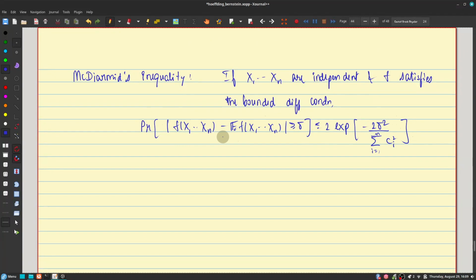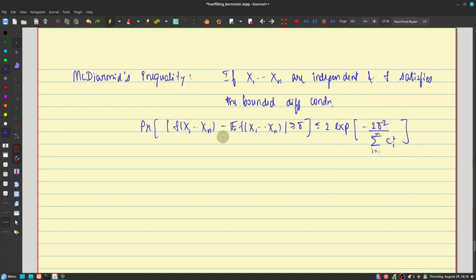Right now, it's a shift in thinking in some sense, in that we're not imposing any constraints on the random variables themselves. They have to be independent, but that's it. But we're imposing constraints on the function. It can be any function, any weird function that you can't really compute easily, but as long as it doesn't depend too much on one variable, we can in fact derive exponential tail bounds.